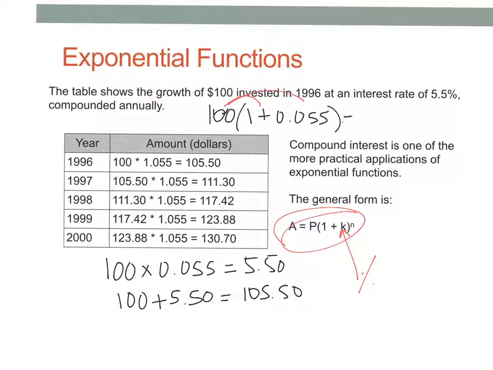So it's like 100 plus 100 times 0.055, which is exactly what I did down here. Like it's exactly the same as this, just in one step. Okay, that's why it works.